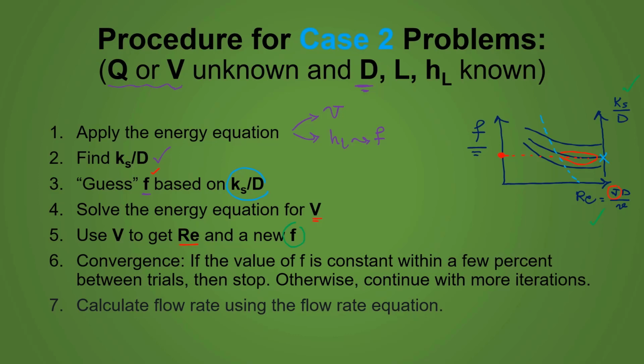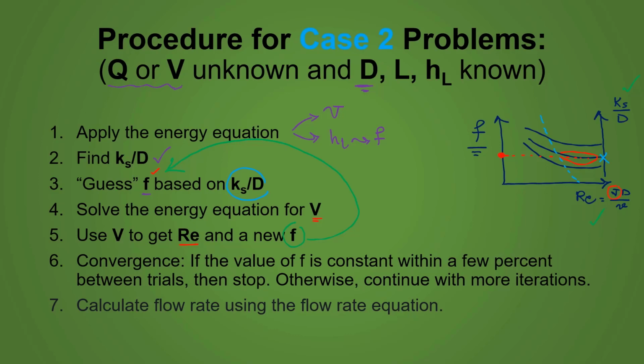If this F value is equal to the F value that you guessed before, then the problem is solved. Everything is done. If it's not, then you need to do some iteration. You need to repeat this process until these two F values are exactly the same.